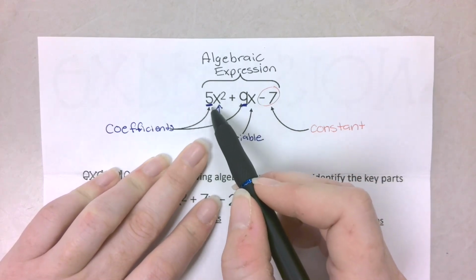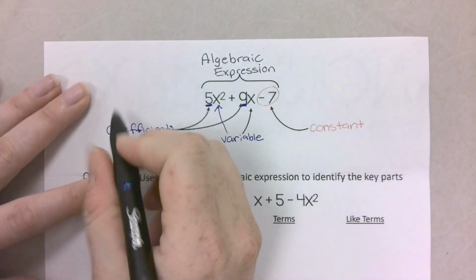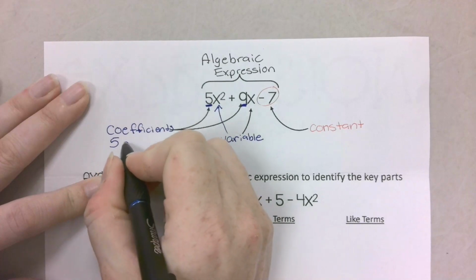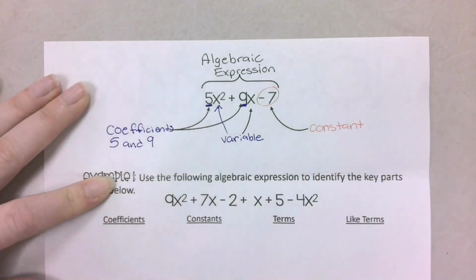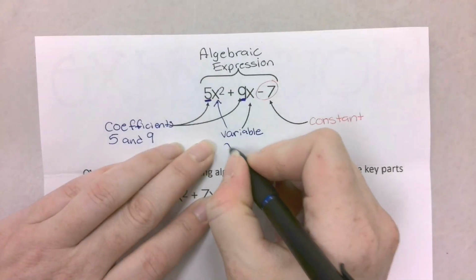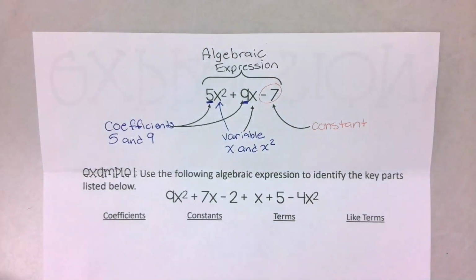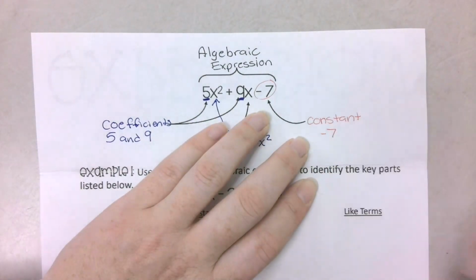They are just the numbers that are attached to our variables. So if we were to list our coefficients, it would just be 5 and 9. Notice we don't write our variables with it. For our variable terms here, we would have x and x squared. And for our constants, we simply have -7.